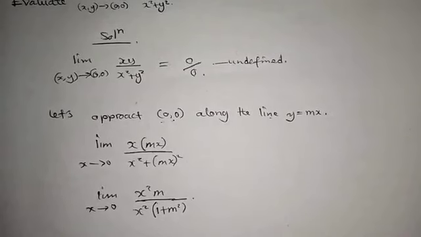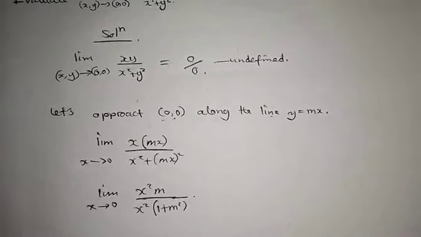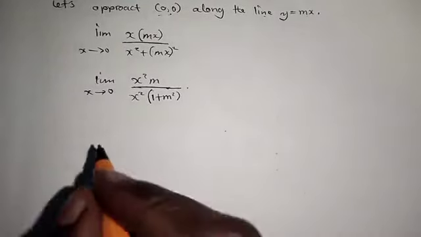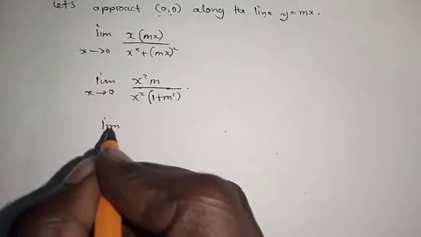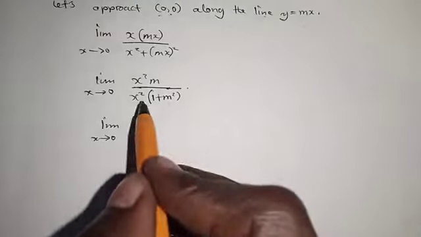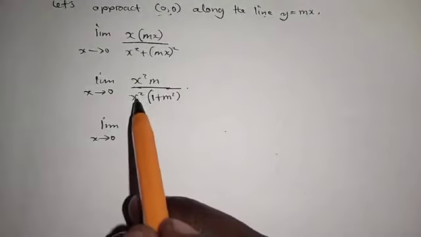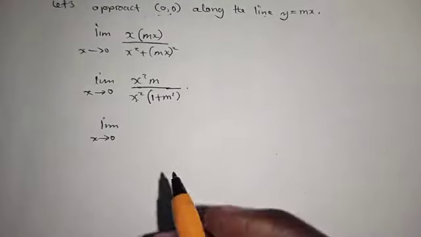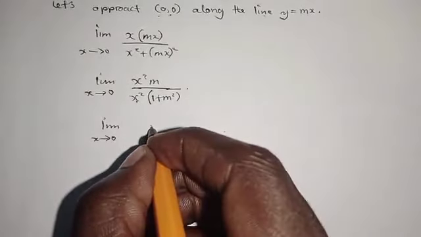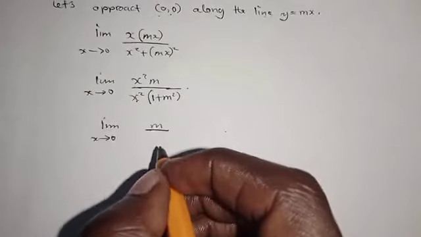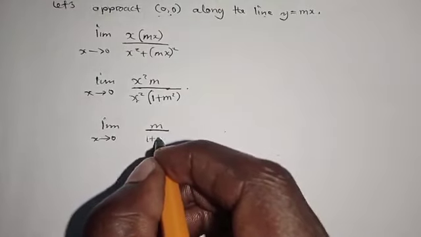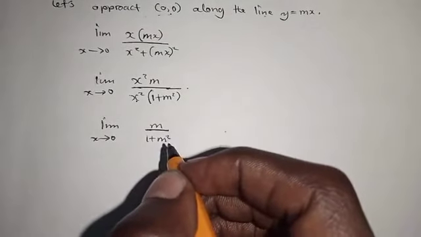After this step, you can cancel out the x squared, and we're going to have m over 1 plus m squared.